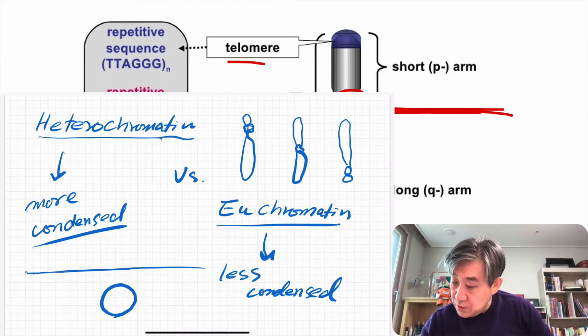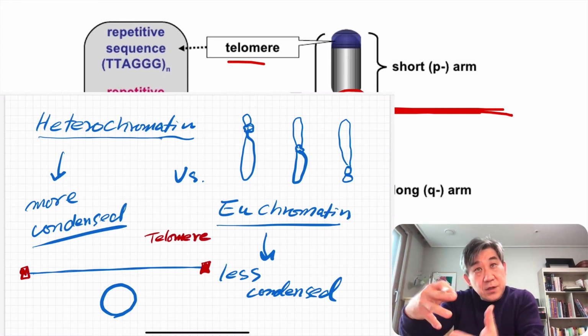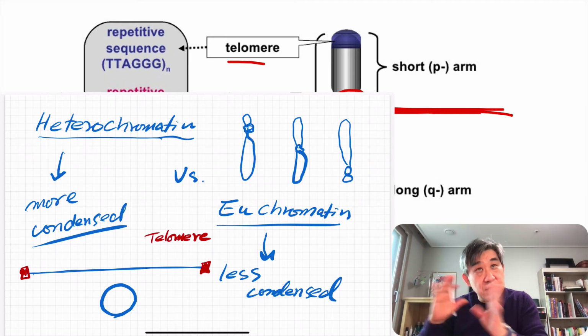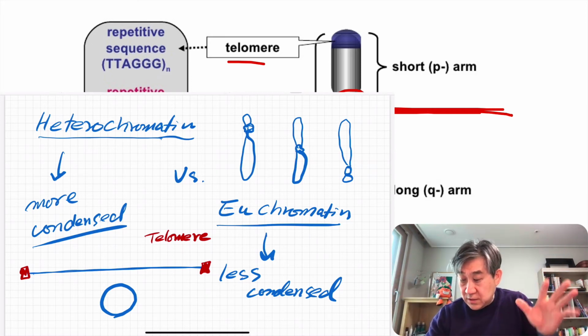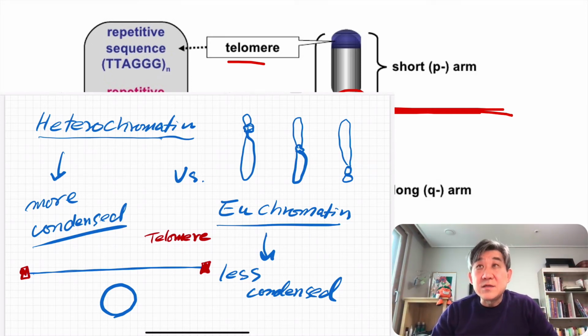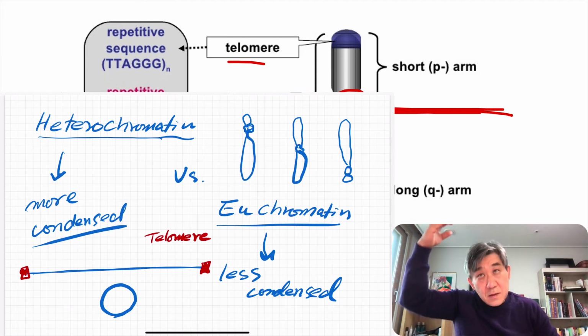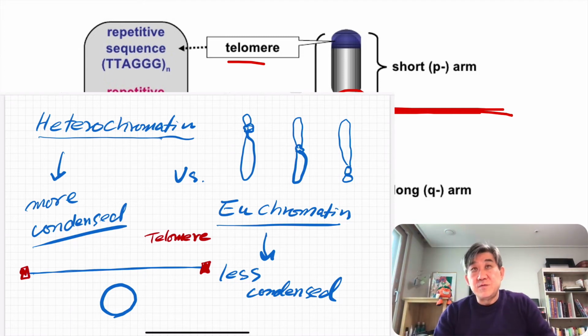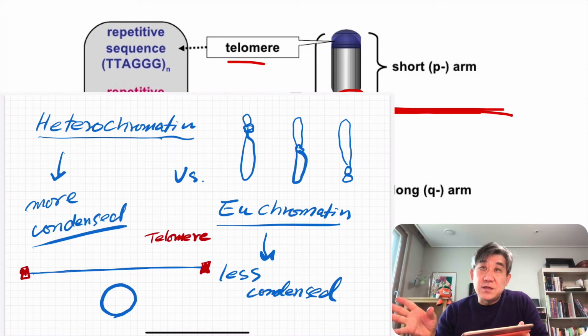Being linear, inevitably you have two ends of this long line, and these two ends are called telomeres. Even though you condense this whole structure, the same telomere still exists at the two edges of this chromosome.